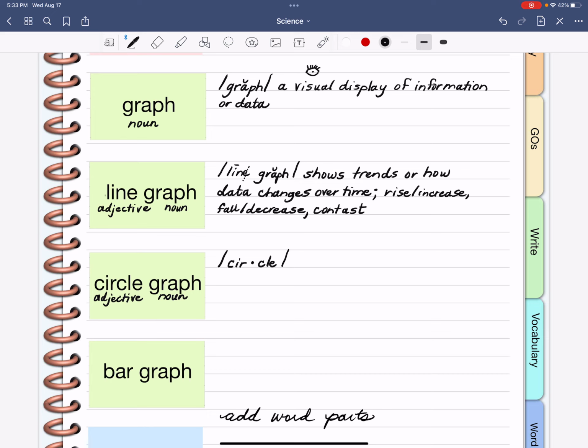A circle graph is used to show how a fixed quantity, or let's say a fixed amount, and that fixed amount will always be 100%, is broken down into parts. So a circle graph is used to show parts of a whole.